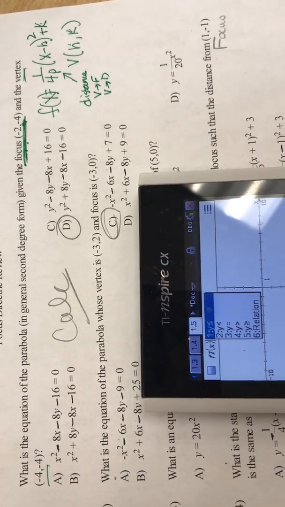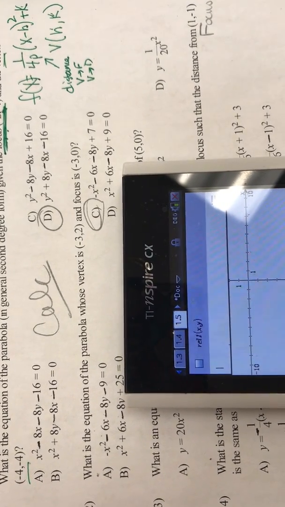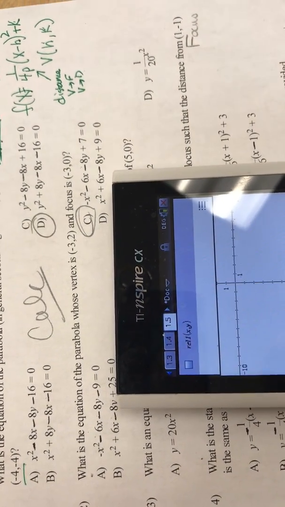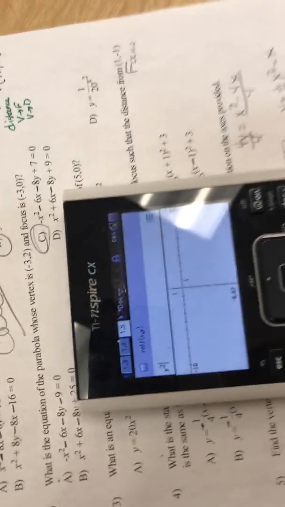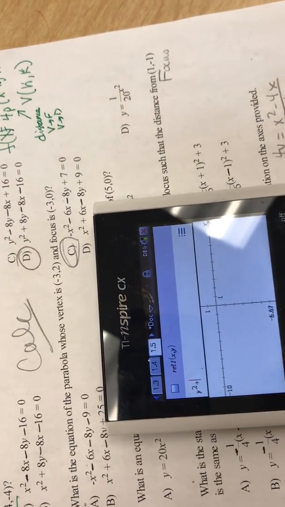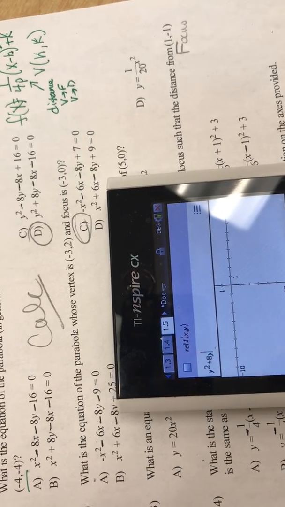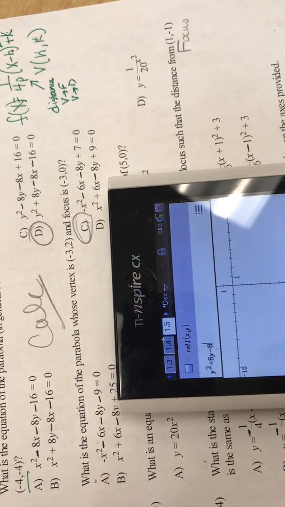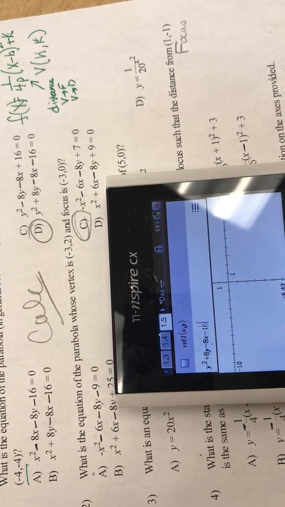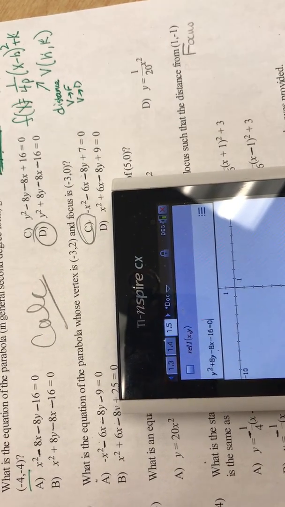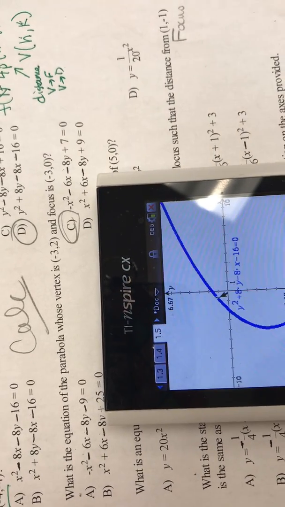We hit delete, we go into a relation, and then you can just literally type in what it says. So y squared plus xy minus 8x minus 16 equals 0. Enter.